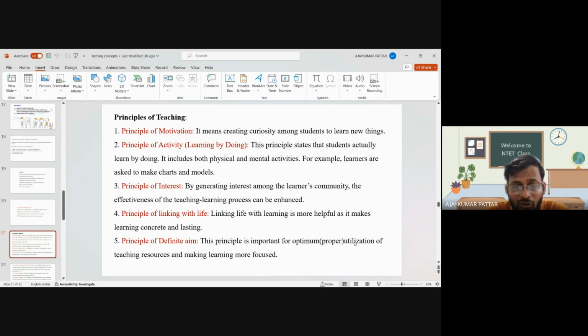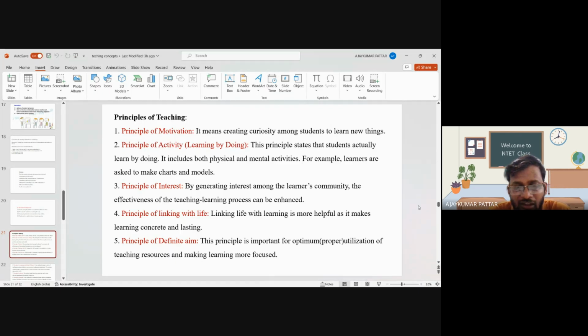In anatomy, if you don't have specimens, some colleges don't even have a cadaver, then what is best possible? By using models or other tools, we can effectively teach the students. That is utilization of the resources available at that time. That is the principle of definite aim. Ultimately you have to reach that aim. What is the anatomy of the heart?